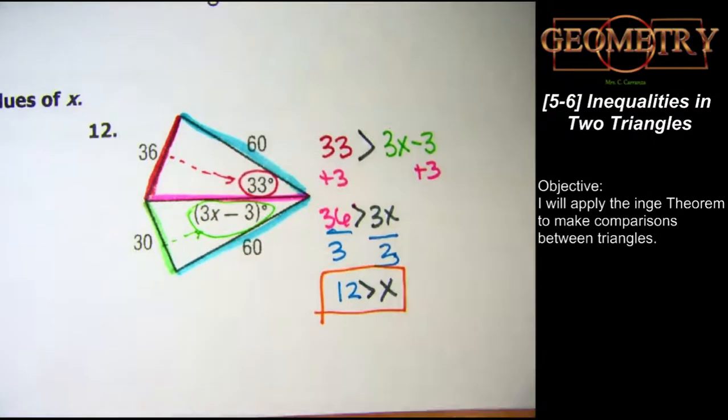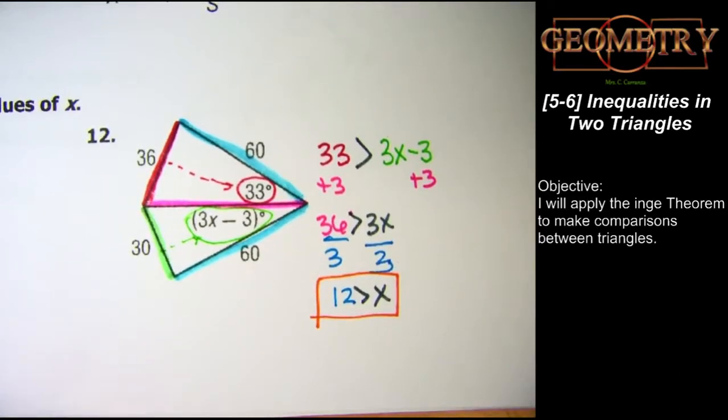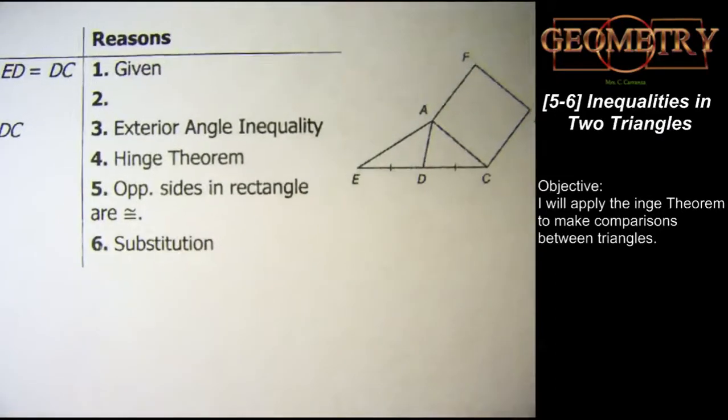Okay, we're going to look at the proofs on the back side of the page. There's a typo to fix on the second proof. All right, we're going to fix the typo in the second proof first.